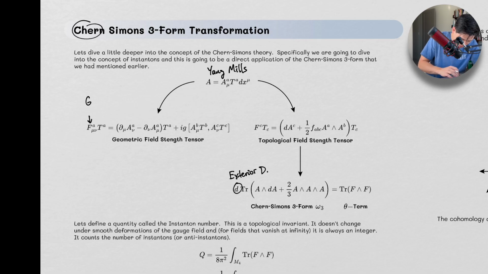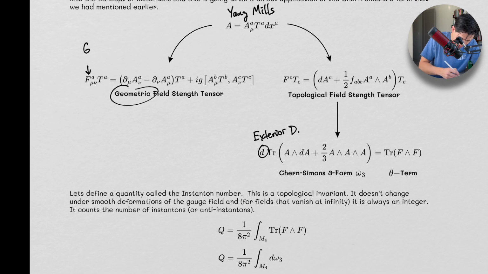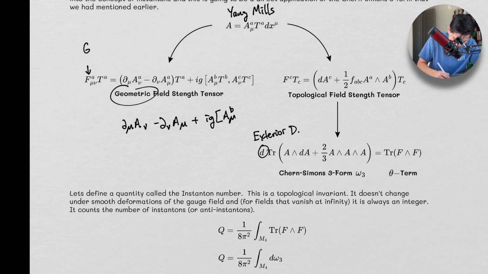And our field strength tensor had a geometric form, right? That's the form we all know and love: ∂_μ A_ν minus ∂_ν A_μ plus i g, the commutator between A_μ^b and A_ν^c.